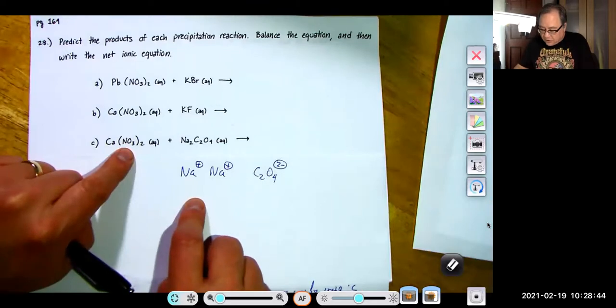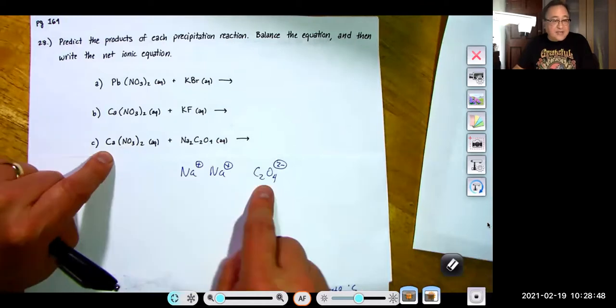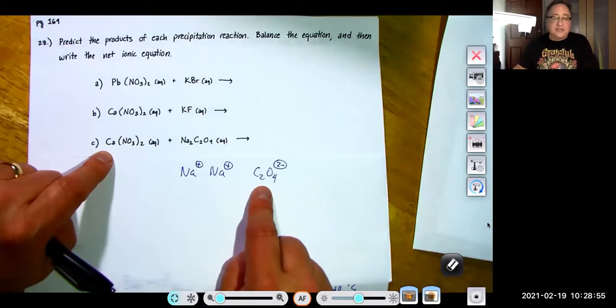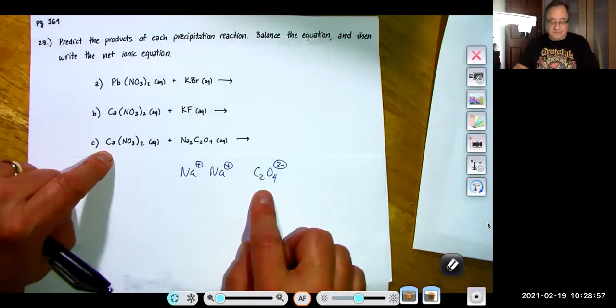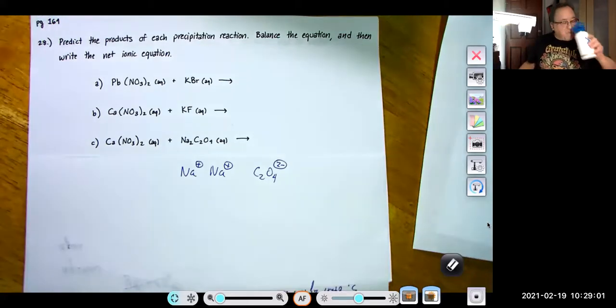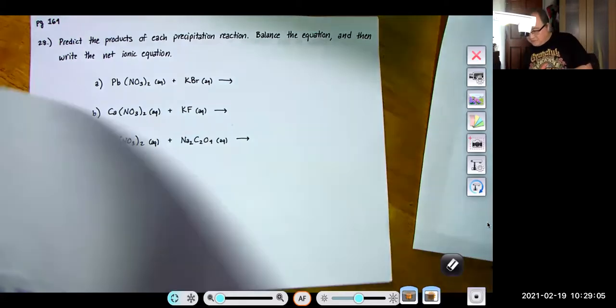The sodiums are always soluble. So the solid must be between this calcium and this guy here. This is one of the ones that I don't have you memorize, but if you want to know, it's called the oxalate ion. Okay, so I'm going to let you finish that one up on your own.